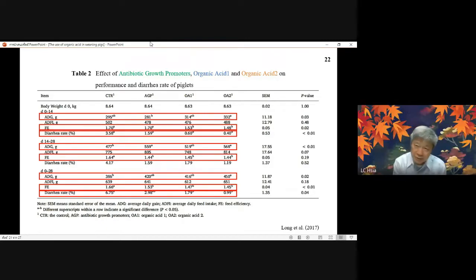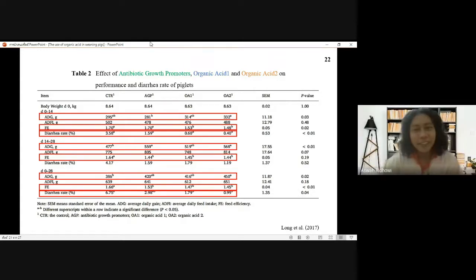Do you feel satisfied? Not 100%. I'm still thinking about what really happens, why organic acid can increase the feed intake.